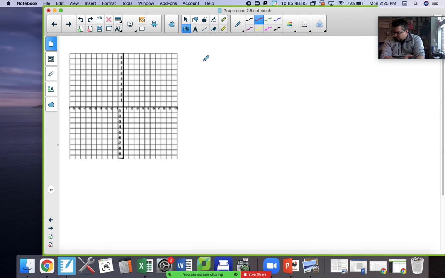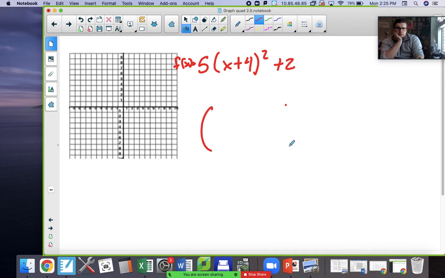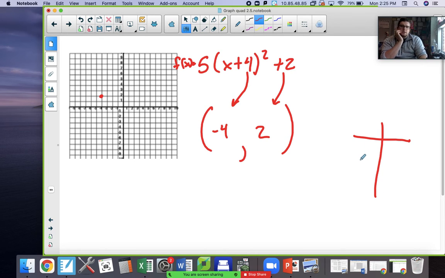Last but not least, maybe we've got 5 times x plus 4 quantity squared plus 2. Vertex, opposite of h, same as k. Then we get to use our cheater's method. I'm going to go this way, 1 and 3.